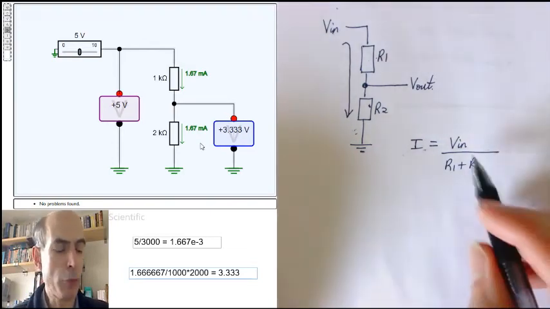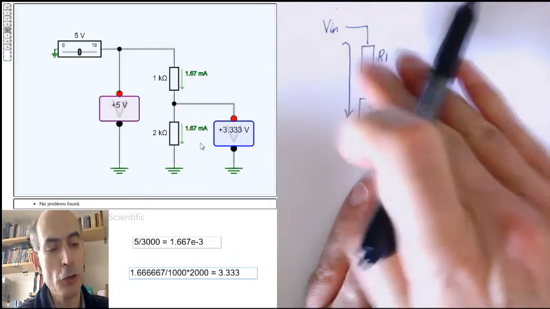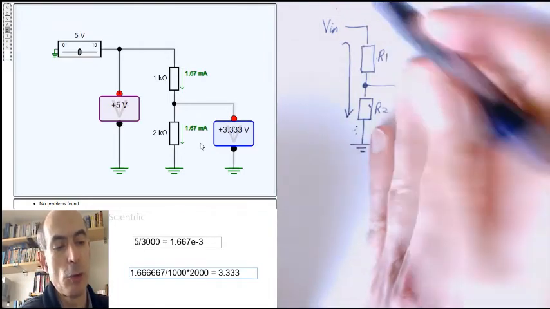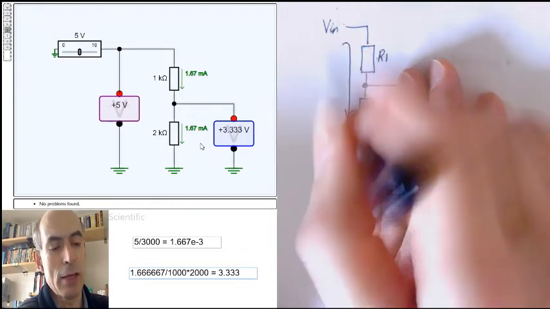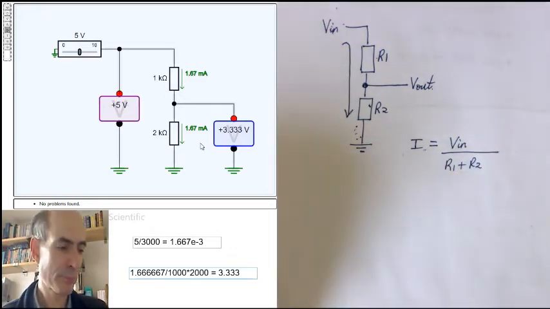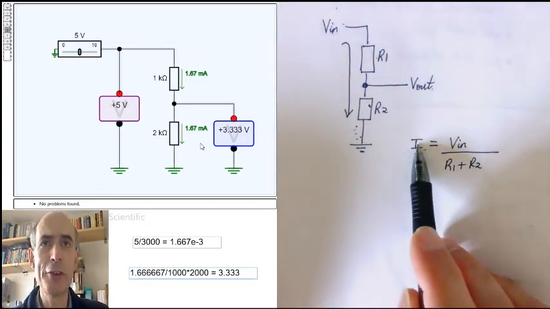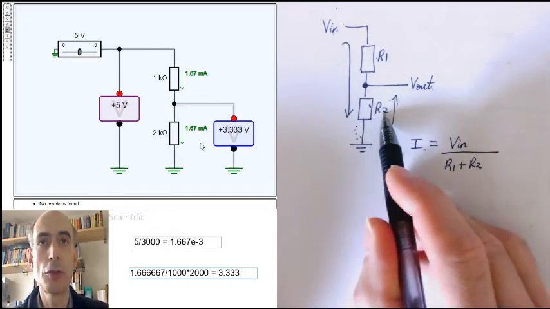Strictly speaking, I possibly should have written V in minus 0, because the voltage across these two resistors is the voltage here minus the voltage there. But instead of writing V in minus 0, I've just written V in. It's the same thing. Once I've got the current, I can work out what the voltage across R2 is going to be.